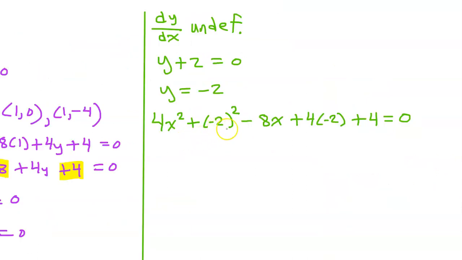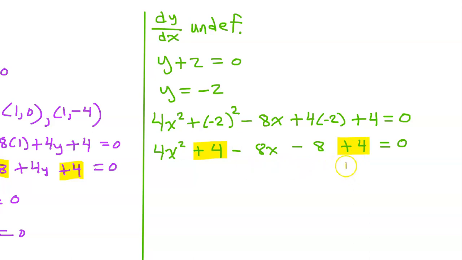So here I have plugged in negative 2 for all the y values in the original function. So next we have 4x squared plus 4 minus 8x minus 8 plus 4 is equal to 0. Combining like terms, we see a positive 4 and a positive 4.